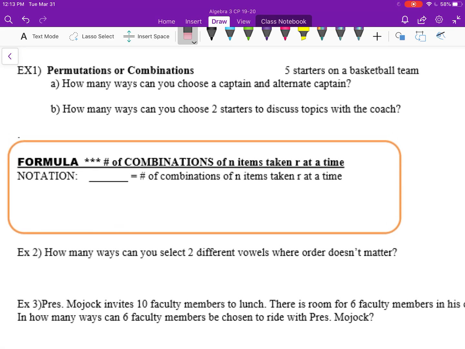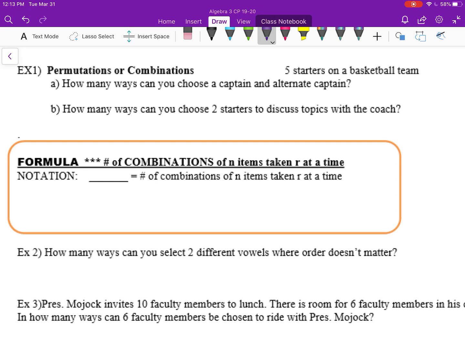So, for example, these are two situations. One of them is a permutation, one of them is a combination. If I look at part A, it says, how many ways can you choose a captain and an alternate captain? In this case, whoever gets chosen first is captain, and second is alternate captain.